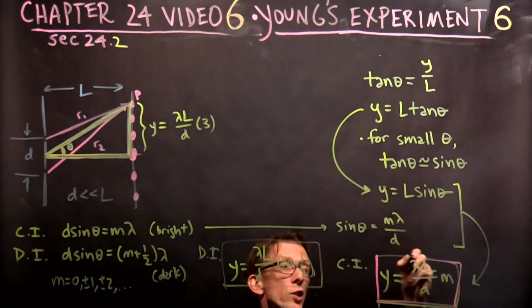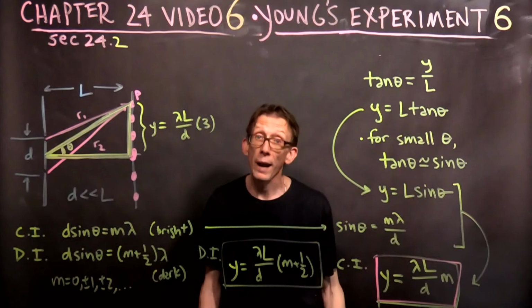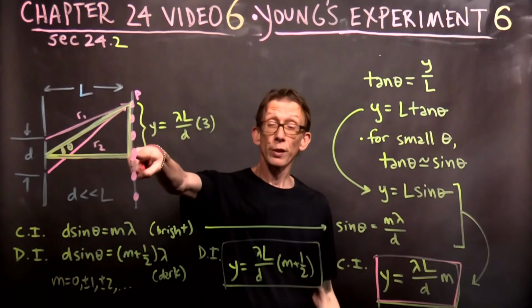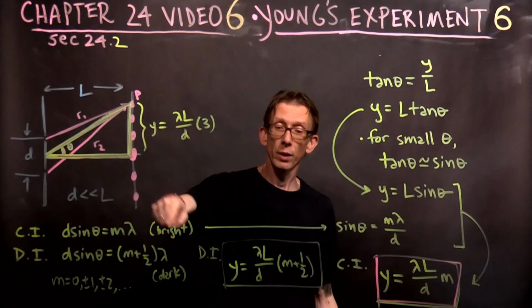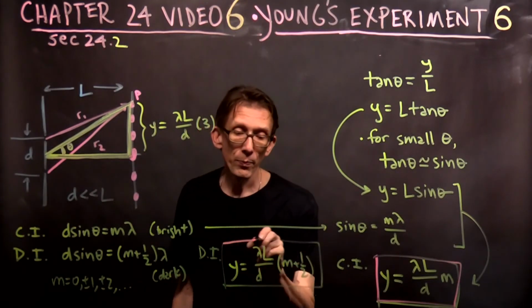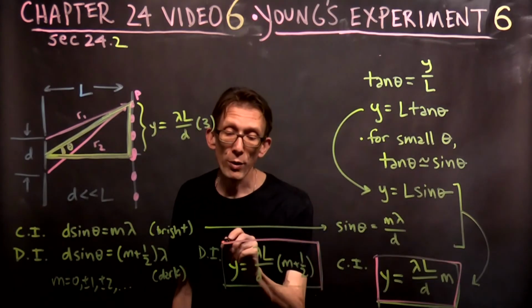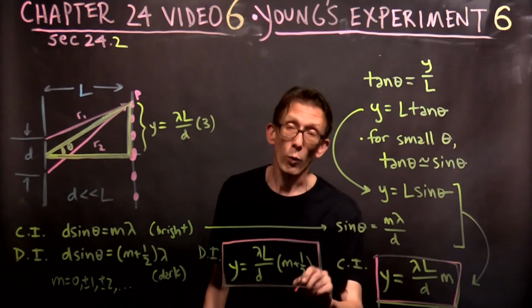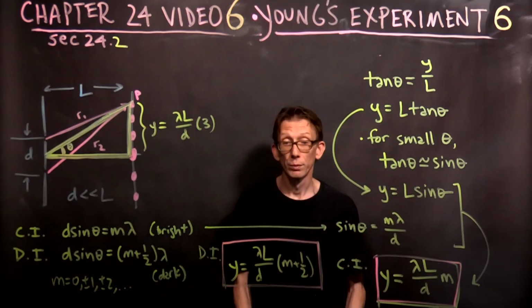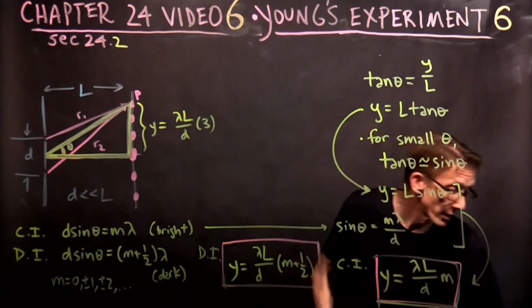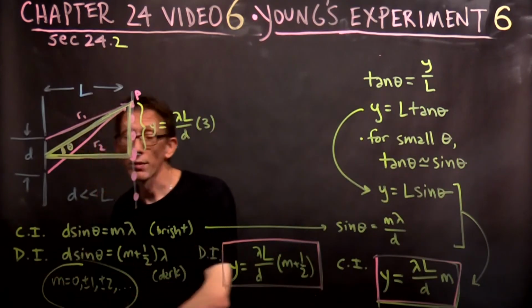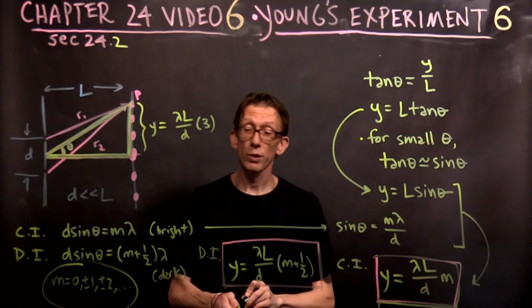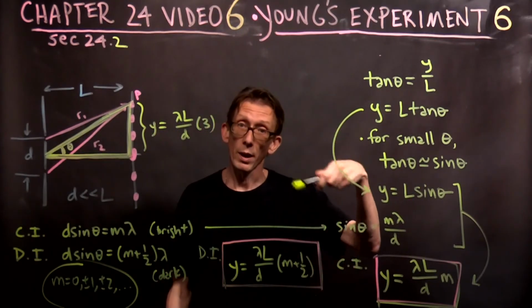That tells you where all the bright fringes are relative to the center. This equation here tells you where all the dark fringes are relative to the center. And in both cases, it's the same old index all the time. M is 0, plus or minus 1, plus or minus 2, and so on.